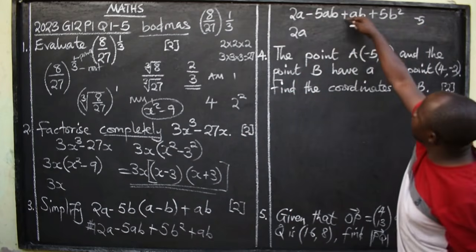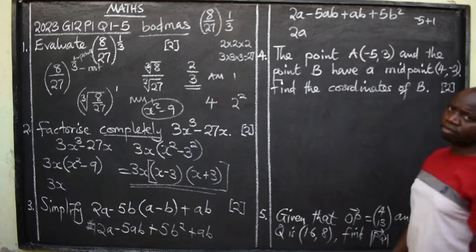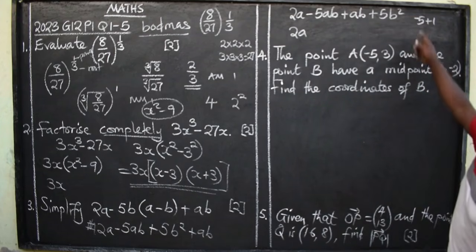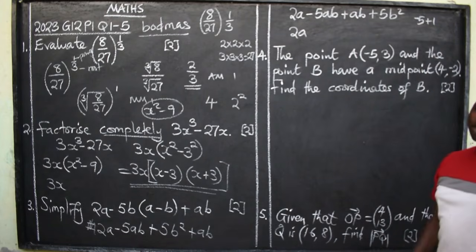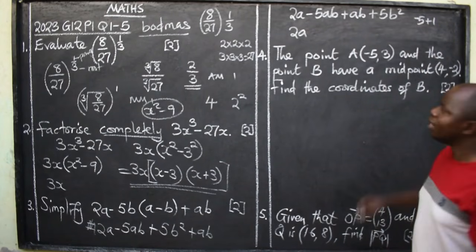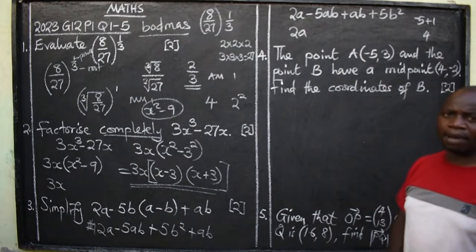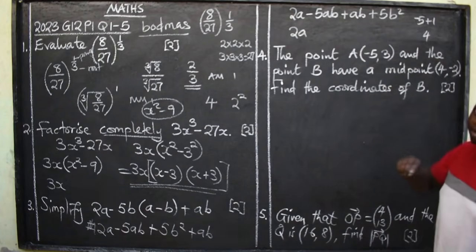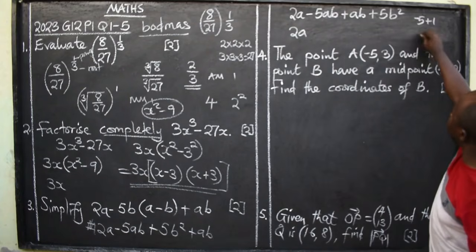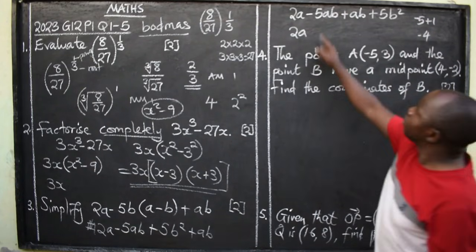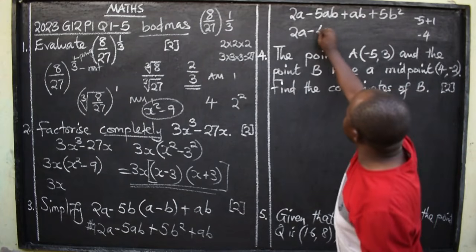So negative 5 plus 1. Integers with different signs, you need to subtract. So it will be 5 minus 1, which is a 4. And always take the sign of the bigger number. 5 is bigger than 1. And 5 has got a negative. So this is negative. So the answer that I have is negative 4ab.